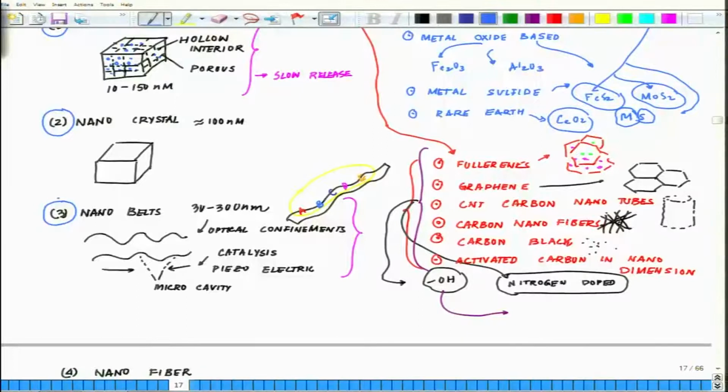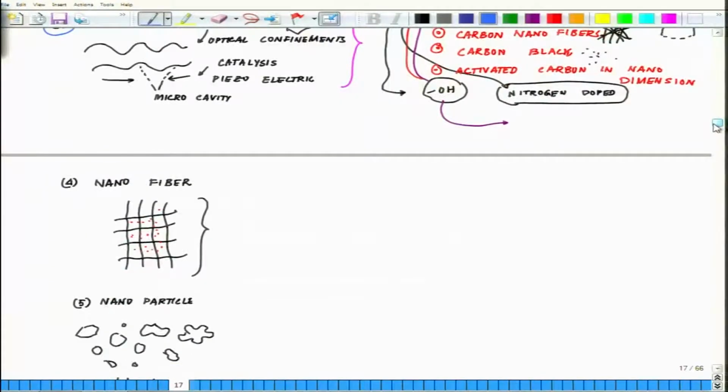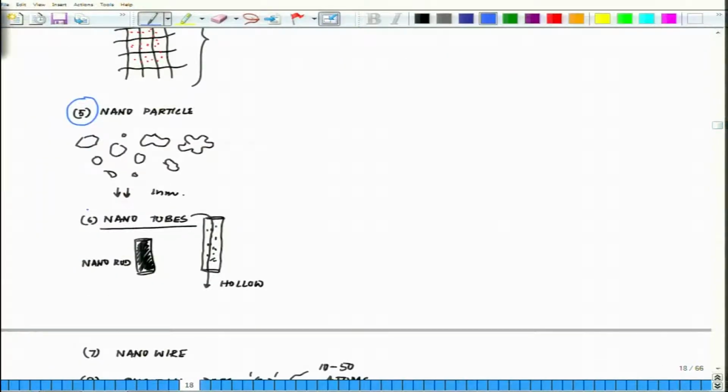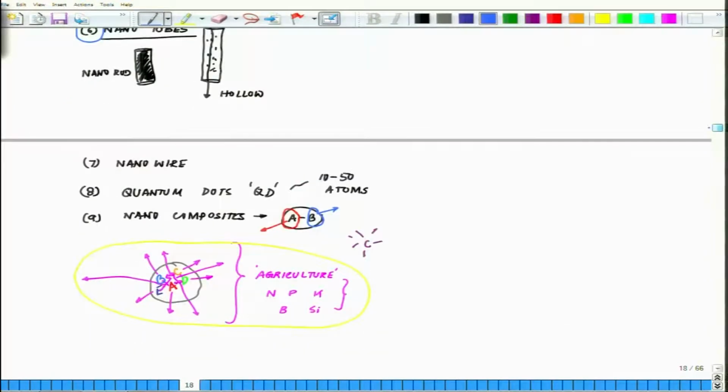We talked about nanobelts, nanofibers, nanoparticles, nanotubes, nanowires, quantum dots, and nanocomposites, and I mentioned nano-diamond and other different forms of nanomaterials.